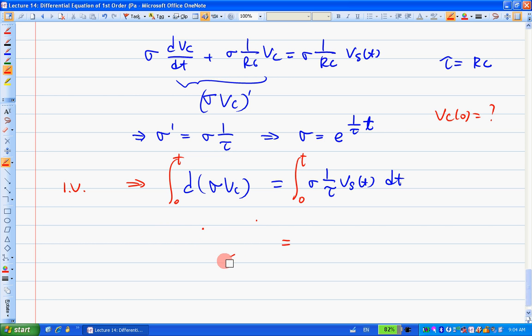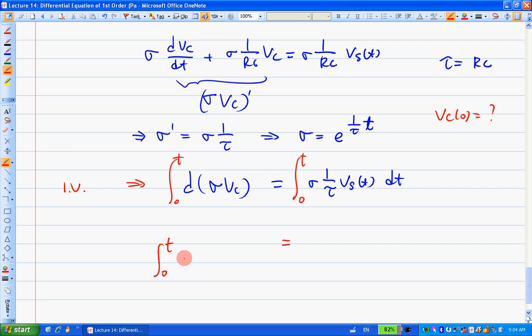So let's write it again. I'm not writing this independent variable here. But if I want to write my independent variable here, this integral is 0 to t, because I use a t already.